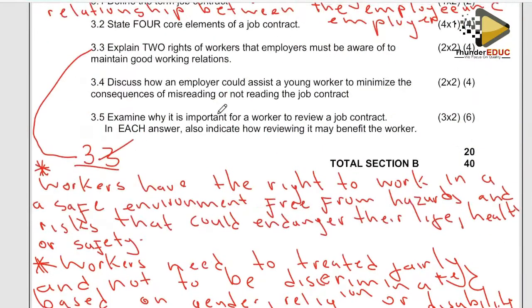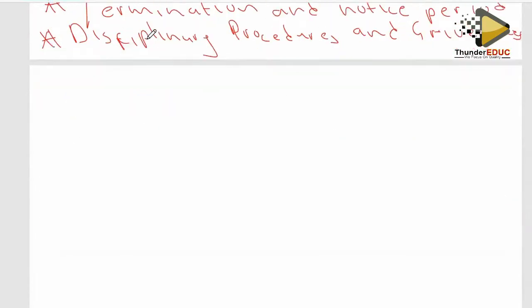Now, 3.5: examine why it is important for a worker to review a job contract. In each answer also indicate how reviewing it may benefit the worker. So in this case, we need to provide detailed explanations. So I'm going to go to the whiteboard again.